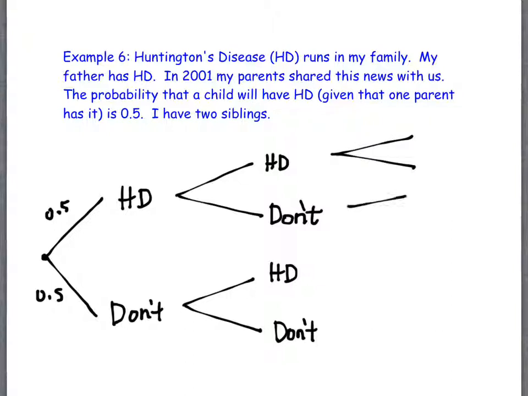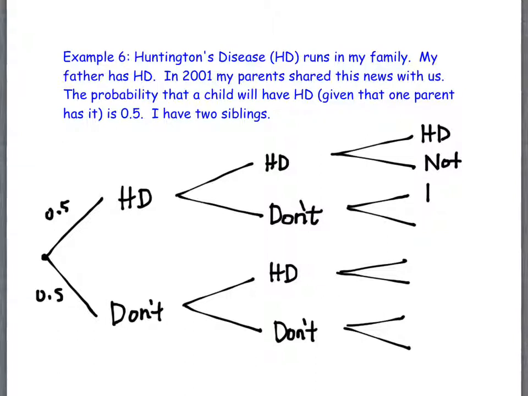Again, we've got 2 branches going off each of these because he has the chance either way of having HD or not. And all of these branches that I've drawn in here now have 0.5 probabilities.